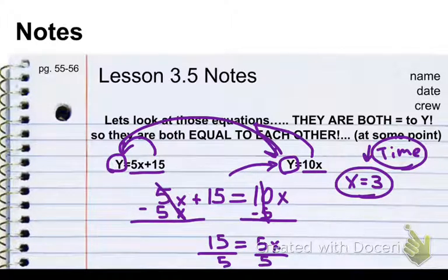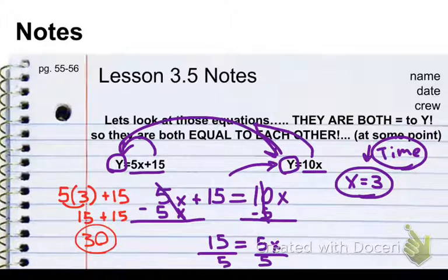I'm going to do this in a red pen. If 5 times that 3 seconds that we think we're going to be tied at plus 15, well, 5 times 3 is 15. 15 plus 15 is going to be 30.